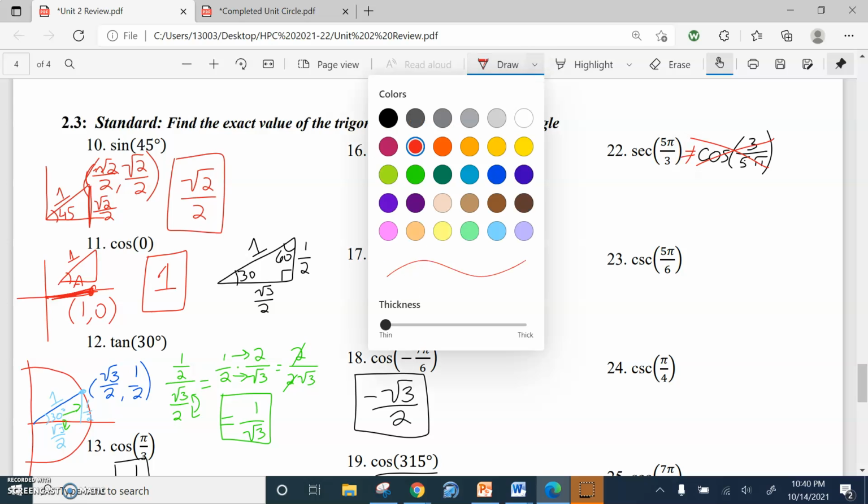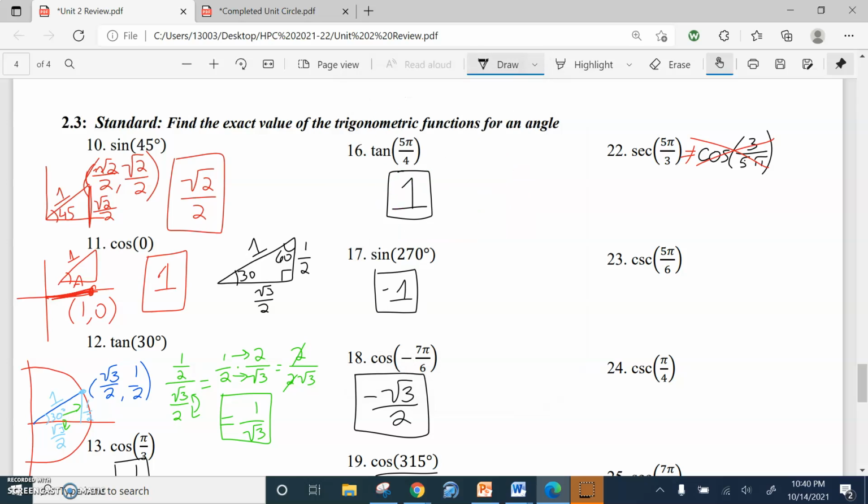Okay, what we do want to do instead, the way I recommend you approach this, is we first recognize that secant is in fact the inverse of cosine. And what I want you to do first, step 1, is solve cosine of that same angle, 5 pi over 3.